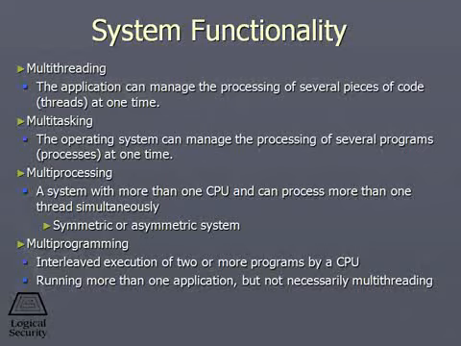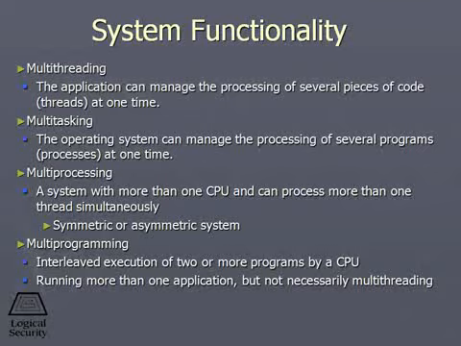With the dual-core CPU, we can now process 2 threads simultaneously. If we do have multiple processors in a computer system, we can implement either symmetric or asymmetric multiprocessing.